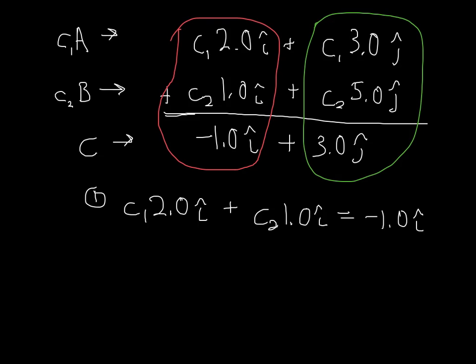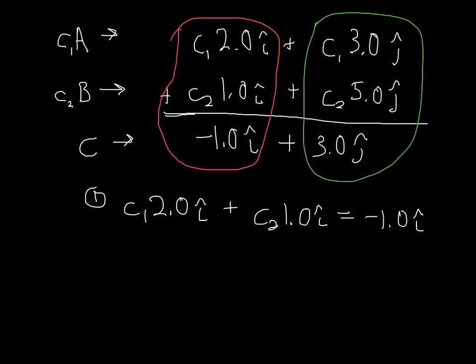So this C1 and this C2, these are numbers. So you're going to multiply these numbers into these so that you will end up getting negative 1. Okay. I think that's the first time this semester where I actually believe that I really answered your question. I never think I answer stupid questions.